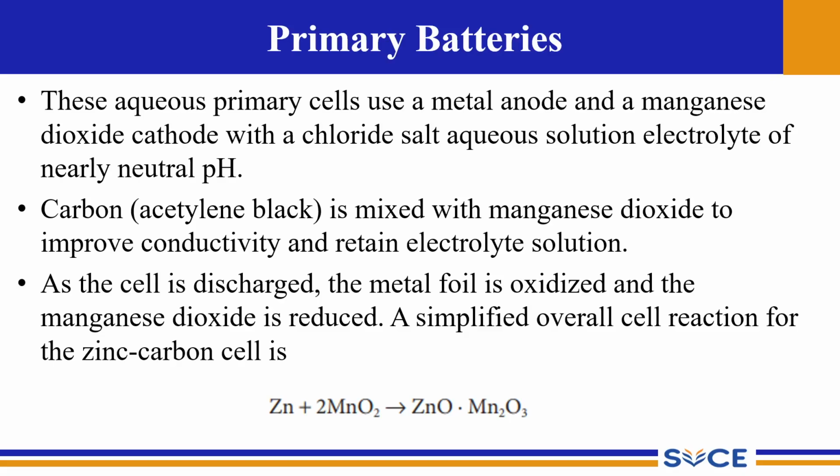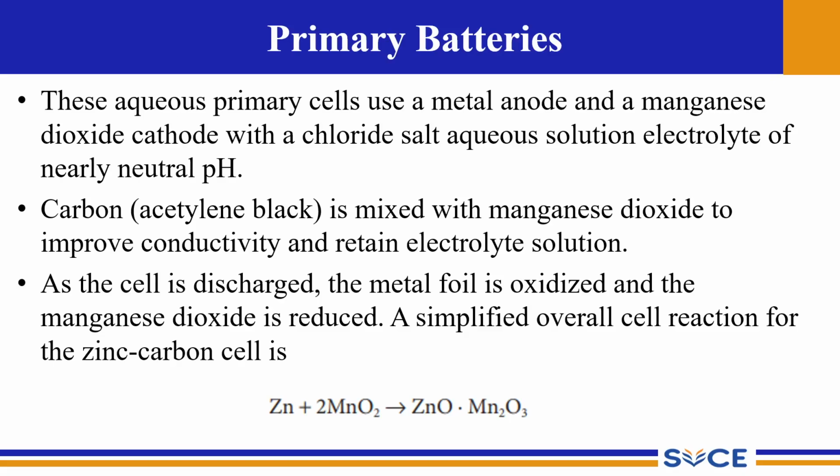To enhance the performance of these cells, carbon, that is acetylene black, is mixed with manganese dioxide to improve conductivity and retain electrolyte solution. This ensures better electron flow and maintains the necessary ionic conductivity within the cathode.